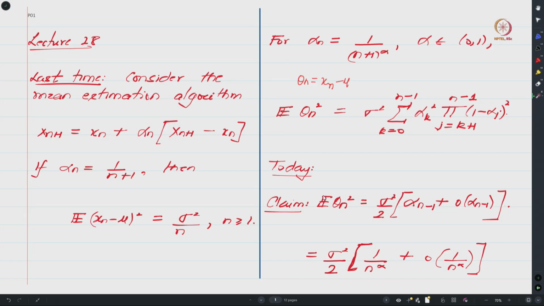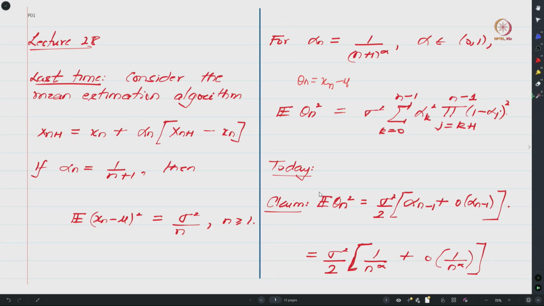If you substitute alpha n minus 1 as defined over here, this expression will lead to 1 over n to the power alpha, and the other expression will be little o of 1 over n to the power alpha, again confirming that this is the expression that will dominate this sum. Hence the final convergence rate in a mean squared error sense will be order of 1 over n to the power alpha, which is worse than order 1 over n that we had seen over here.